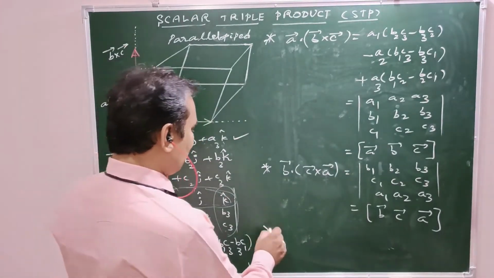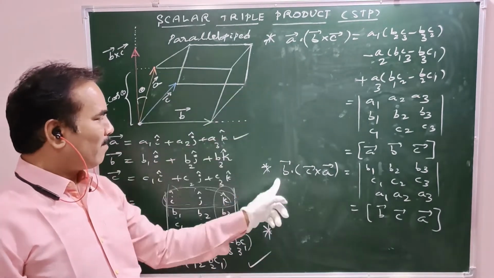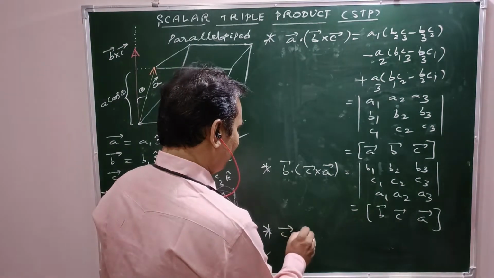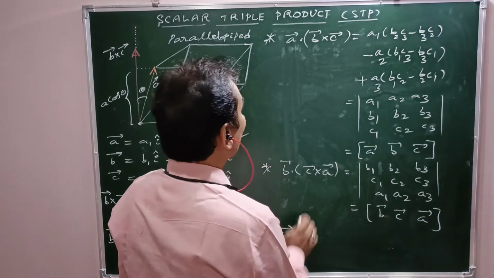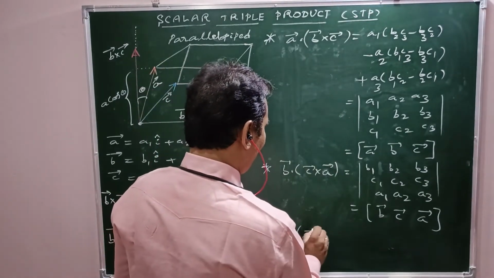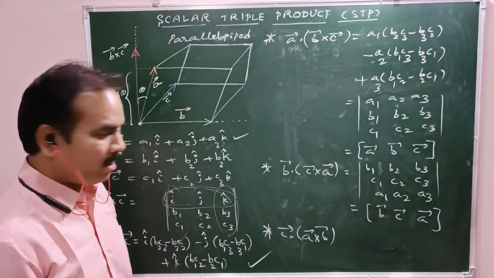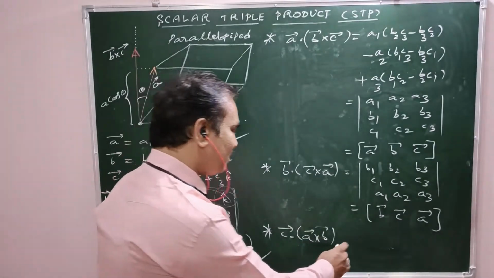Now coming to the third sequence, that is C bar dot A cross B. Now see, C bar is the first vector, A bar is the second vector, B bar is the third vector.